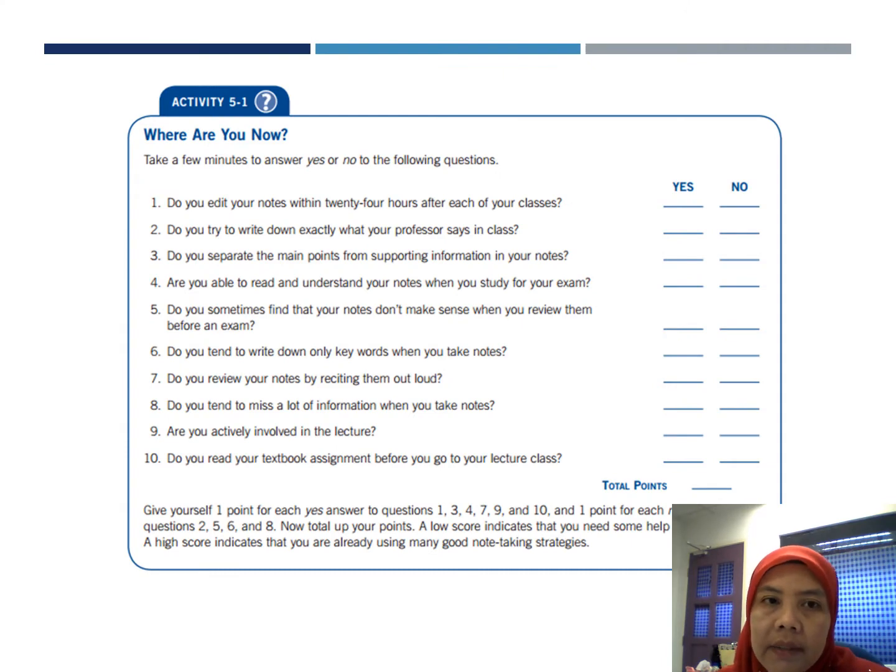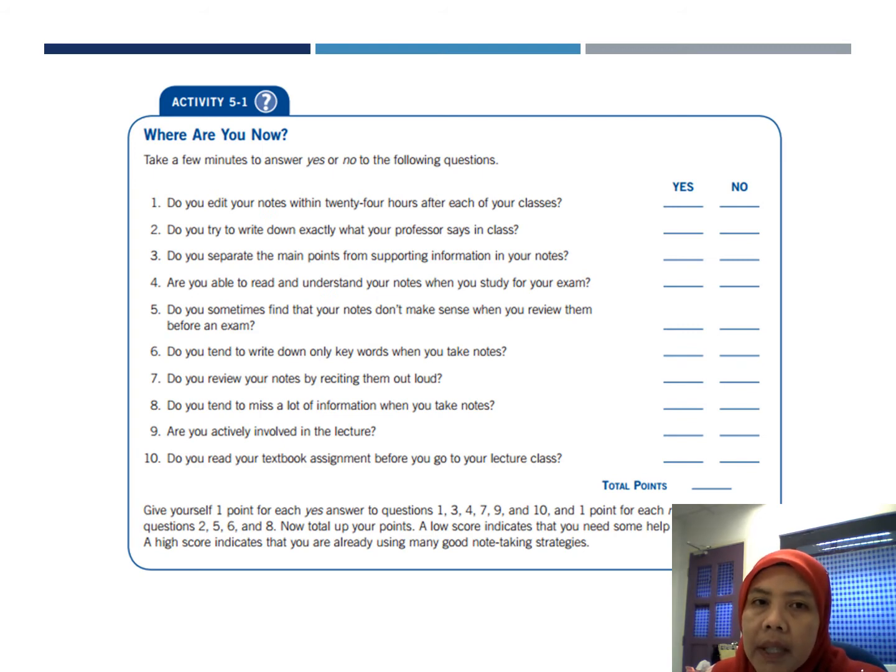Okay, this is activity 5.1. You need to answer it, print it, scan it after answering, and also compile it in your e-portfolio.